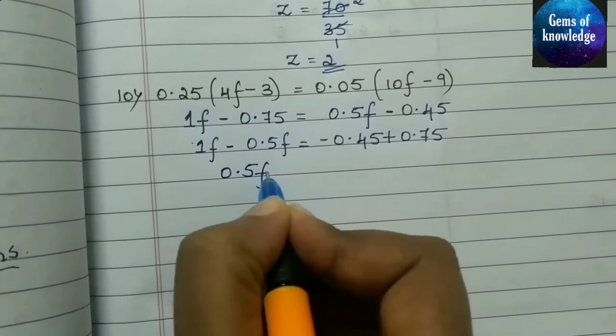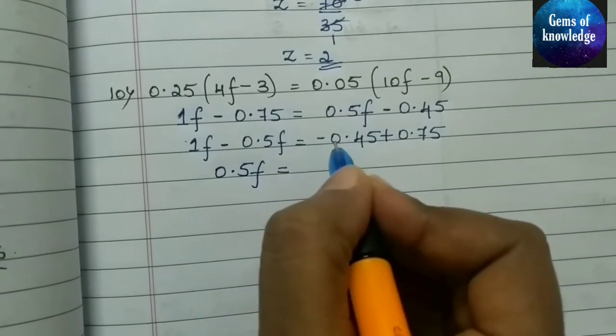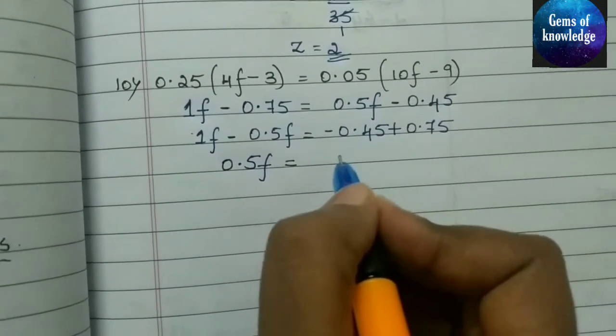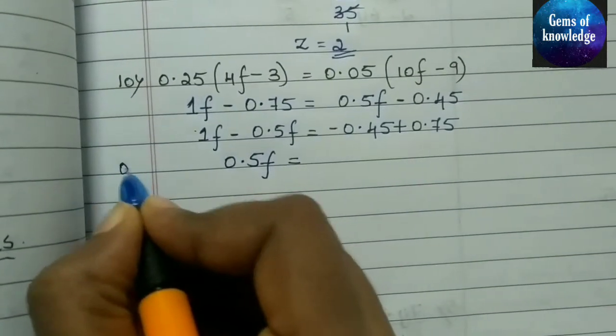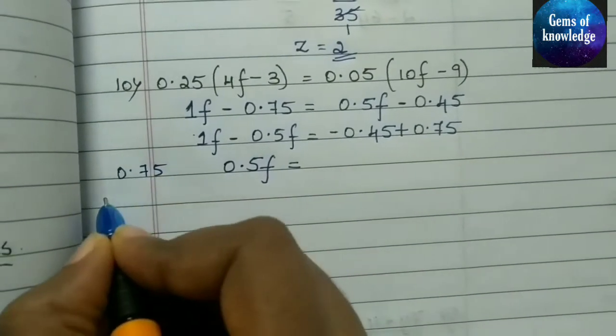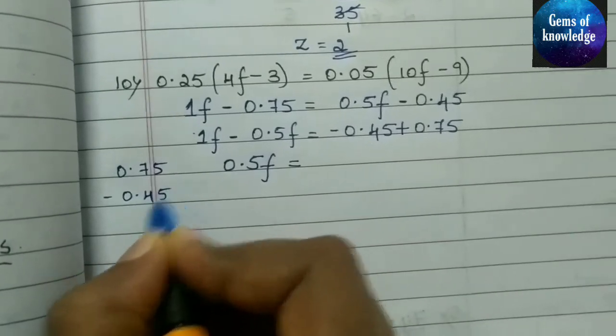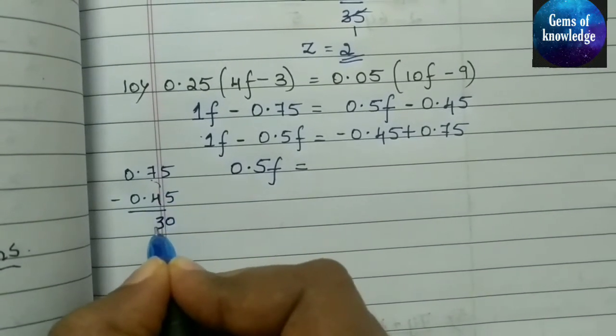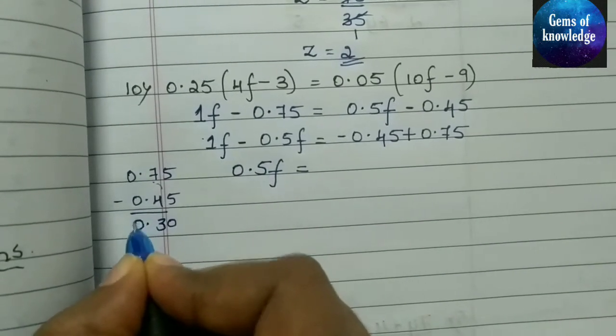0.5f, which is equal to 0.75 minus 0.45. You can see here 0.75 minus 0.45: 7 minus 4 is nothing but 3. The point will be as it is, and the 0.